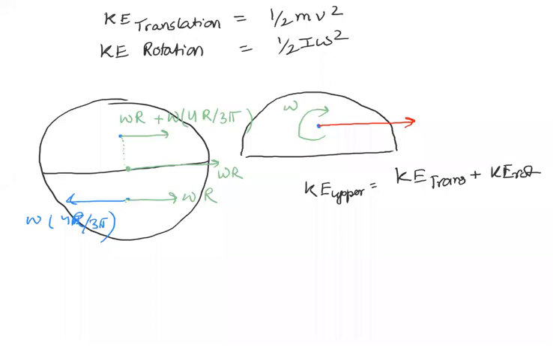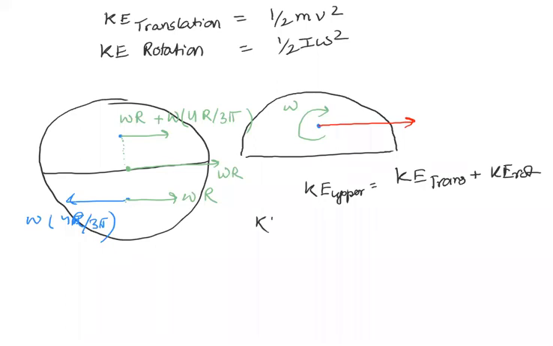So since the phenomenon of translation is absolutely independent of the phenomenon of rotation, I can immediately write this statement that the total kinetic energy must be the kinetic energy of translation plus the kinetic energy of rotation added to each other.